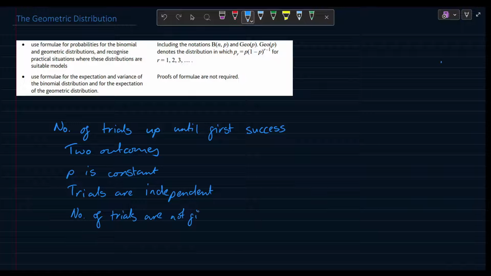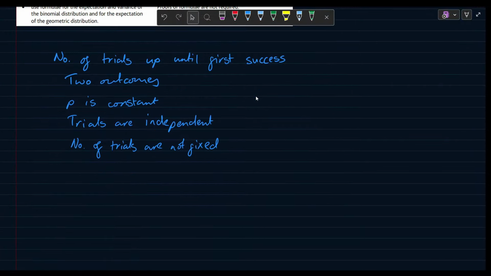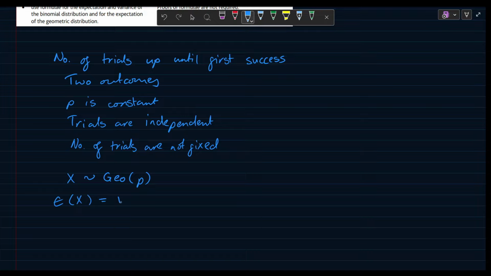If a random variable x satisfies these conditions, we can say it is distributed geometrically, and we only take one parameter, which is the probability of success. If you want to find the mean under a geometric distribution, the expectation of x is 1 over p. We don't find the variance for a geometric distribution in this syllabus, so don't worry about that.